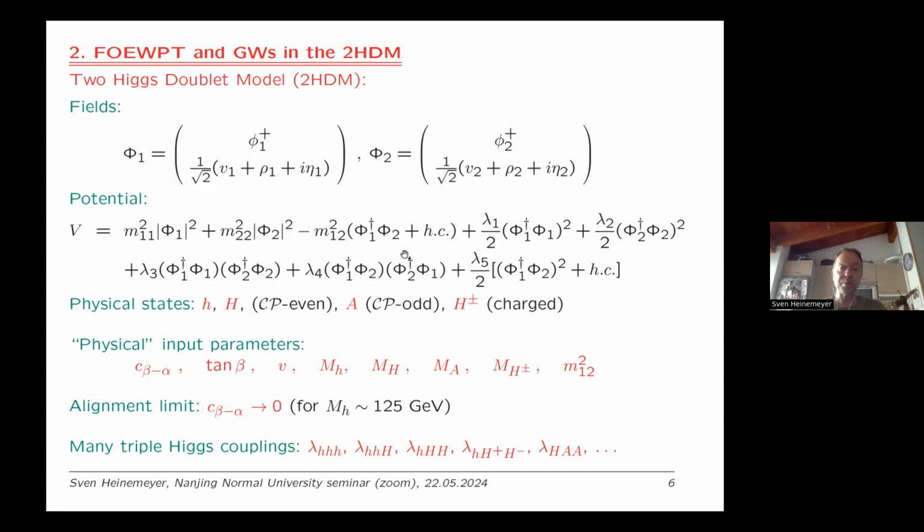After electroweak symmetry breaking, out of these 8 degrees of freedom, 5 remain as physical Higgs bosons: light, heavy, CP even, CP odd, and a pair of charged Higgs bosons. And the input parameters that we are normally using are depicted here. We take all the masses as free parameters. Then we have one parameter that softly breaks the Z2 symmetry, which is called M12. I'll come back to this in the next slide. You can see this parameter here.